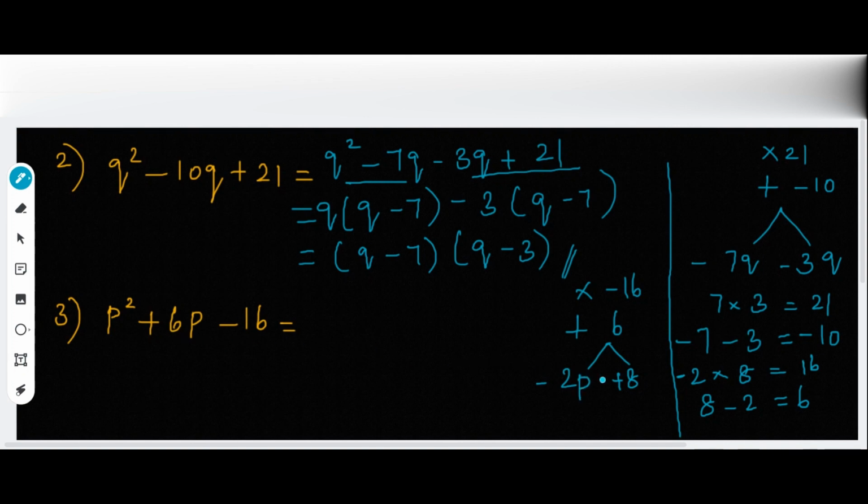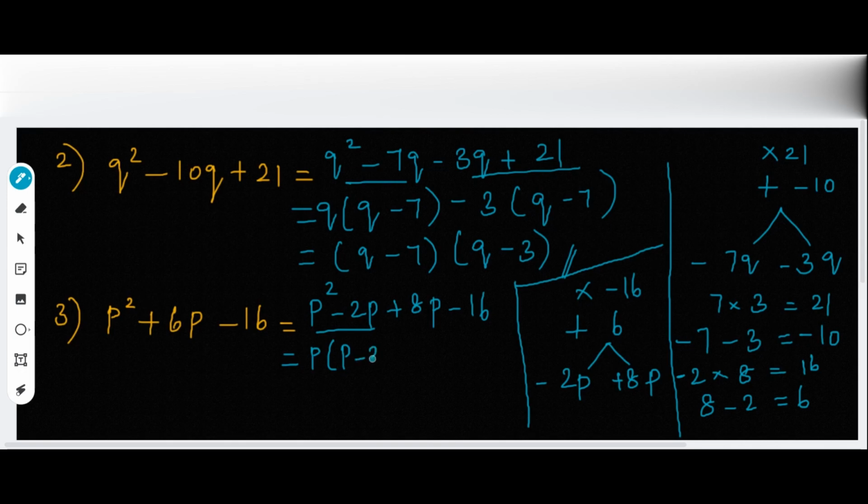Here p is given, so you write p. Write p square, and instead of 6p, you should write minus 2p plus 8p minus 16. So which is common here? p is common. Write the remaining term p minus 2.